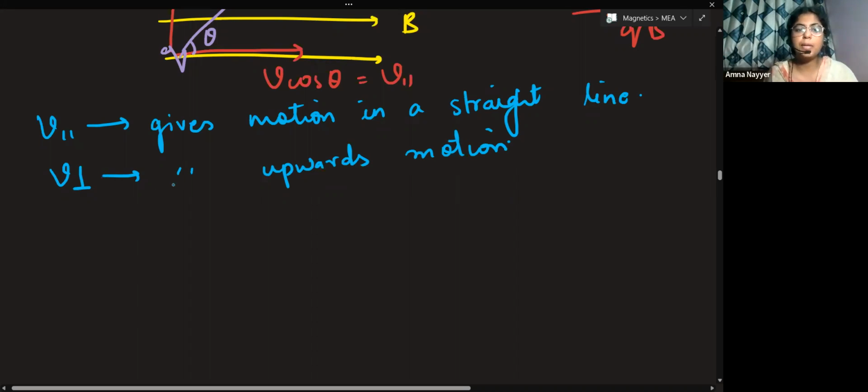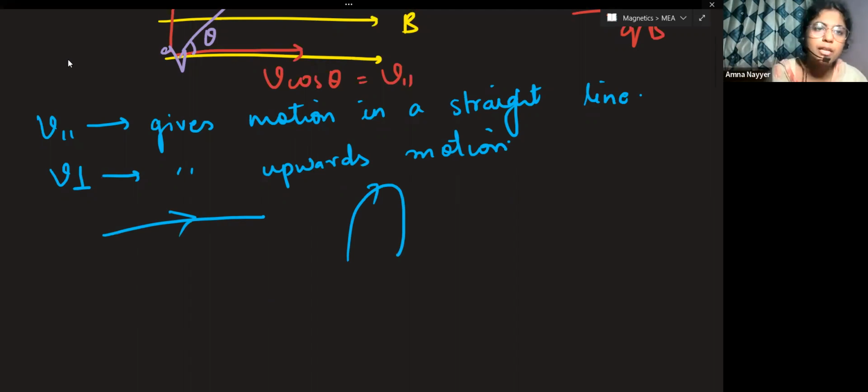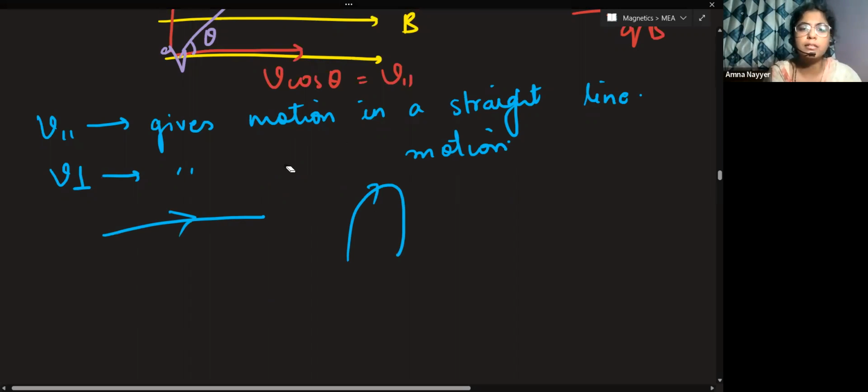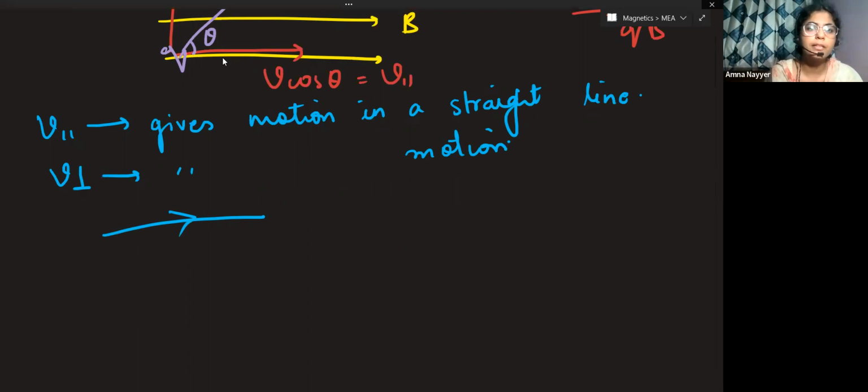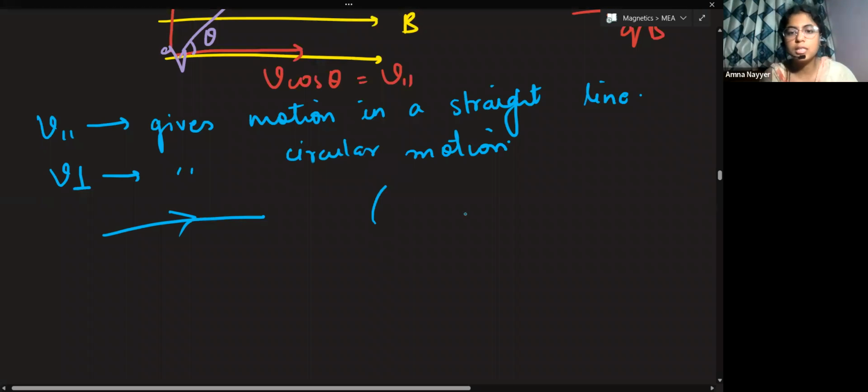So the particle has to go like this, and it also has to cover a motion like this. Not basically upward motion, it will give circular motion. That's appropriate. So a circular motion is also there.